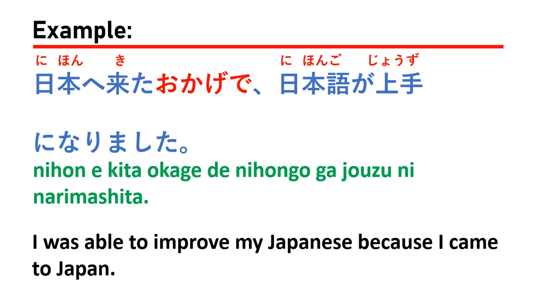So this means because you went to Japan, your Japanese got better. That's a positive situation for you, so you can say okagede. In this case, you can say Nihon e kita okagede, meaning because you came to Japan, your Japanese got better.